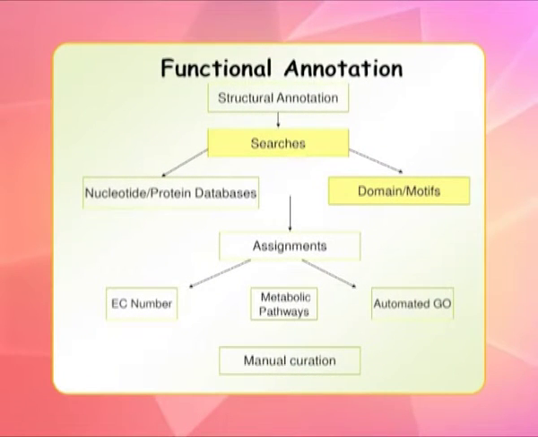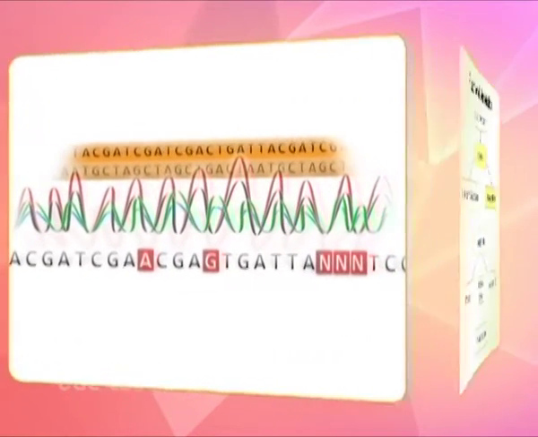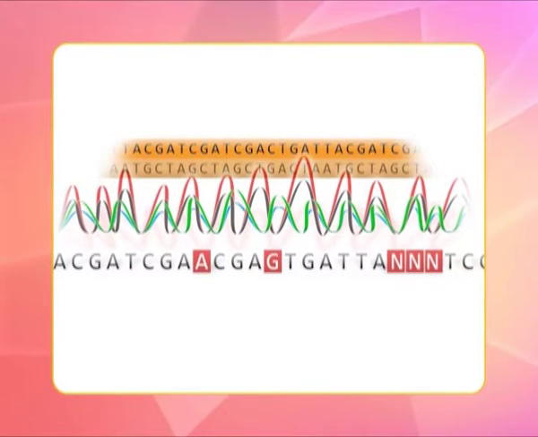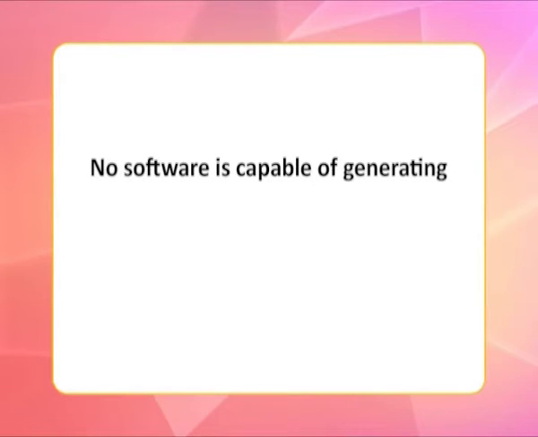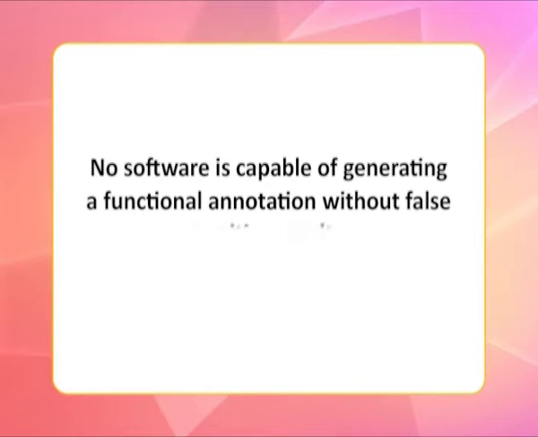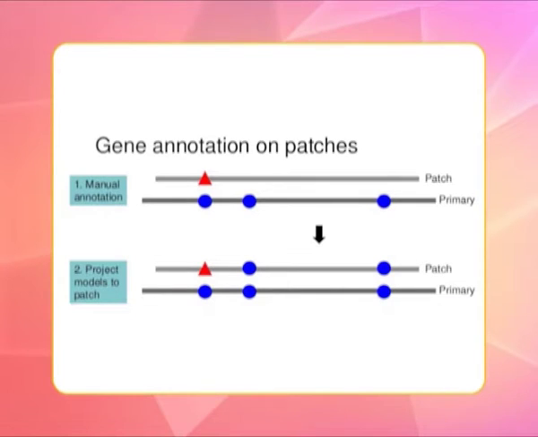This is known as functional annotation and can be done initially by computer using similarity in sequence alignment. However, no software is capable of generating a functional annotation without false positive results. Predicted genes need to be revised manually. When annotation is complete, the genome should subsequently be submitted to a public access site.